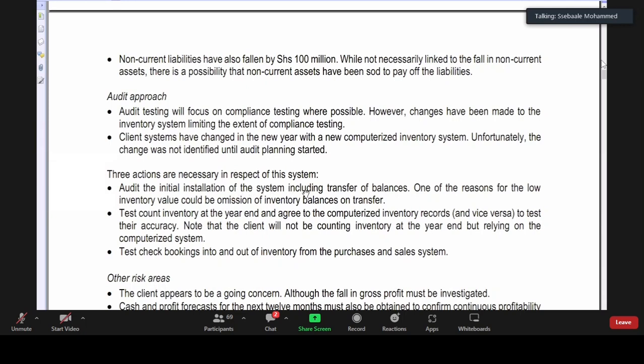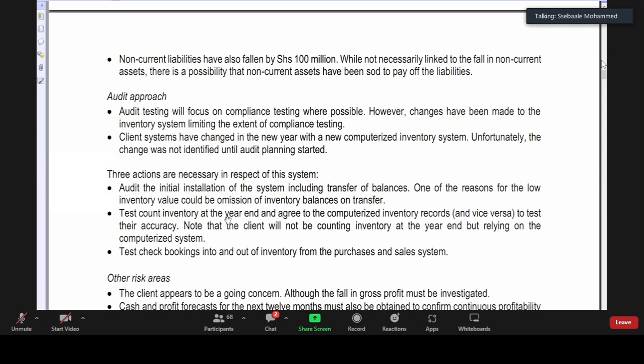Of course, you take these actions: you audit the initial installation of the system. How is the system installed? This is what I was talking about, possibility of omission. Then test count inventory at the end of the year. You perform inventory counts and compare them with the computerized inventory records. Manually attend a count of inventory.